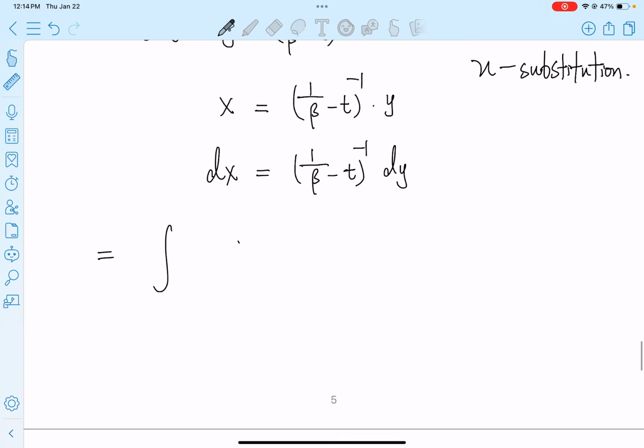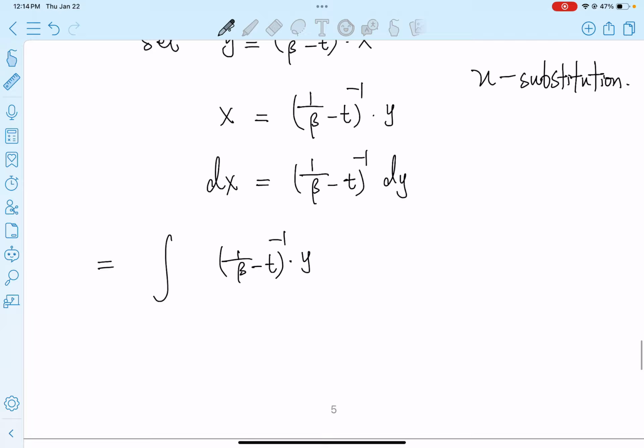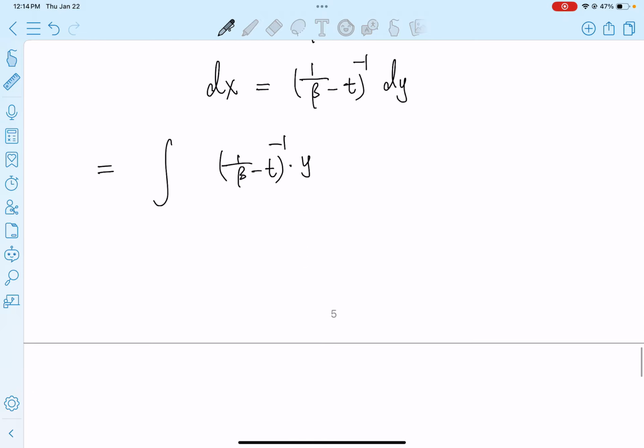So now x is equal to 1 over beta minus t, raised to the power of negative 1, multiplying by y. This whole thing is what we define as x based on the u substitution. But this x also needs to be raised to the power of alpha minus 1, so let's introduce a square bracket and then alpha minus 1.